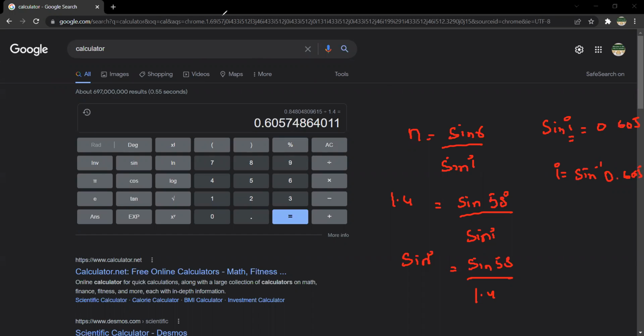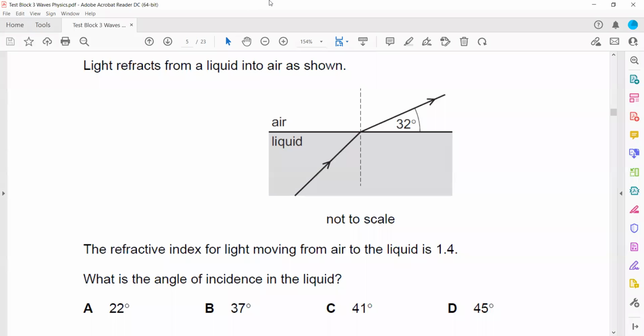So we'll press shift, sine inverse of our answer, and that will be 37.28. So the angle of incidence, the angle in the liquid, is 37.28. So we check the options: 37.28, we have option B as the right answer.